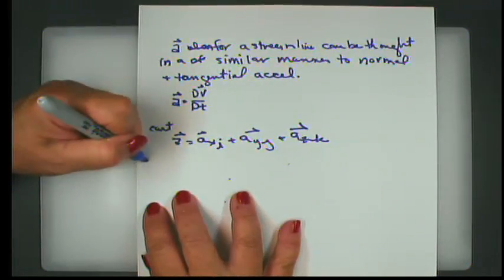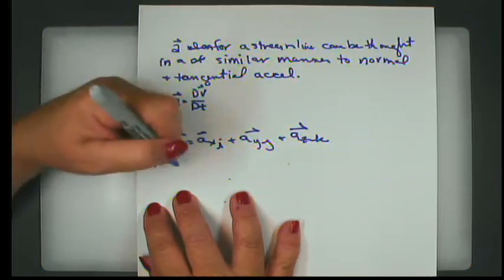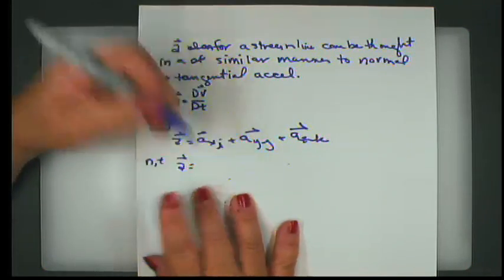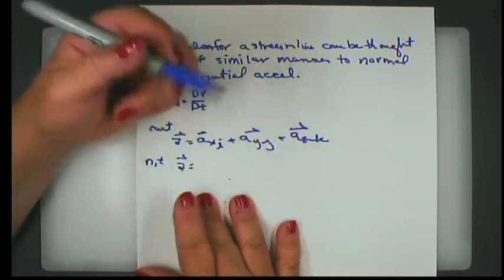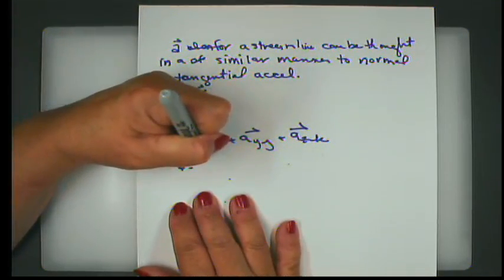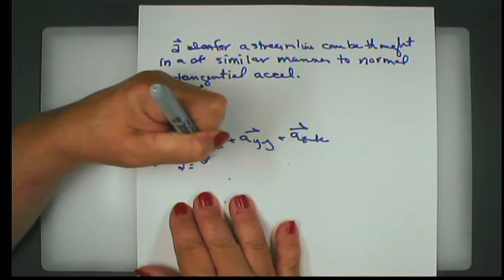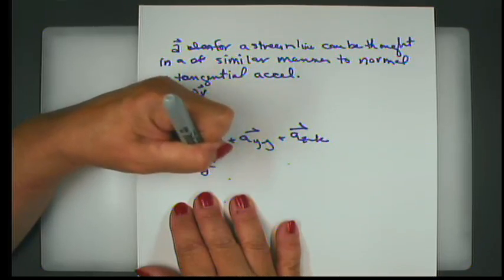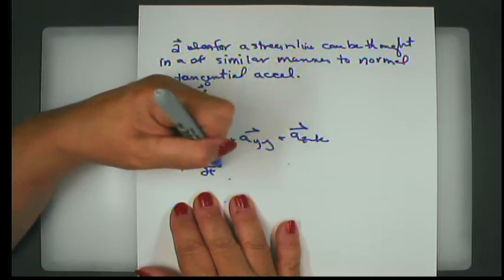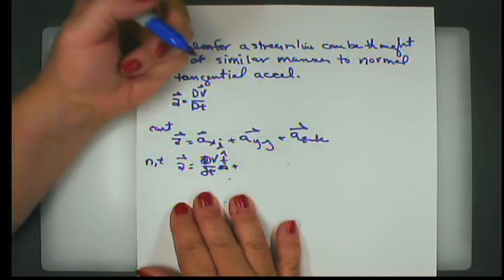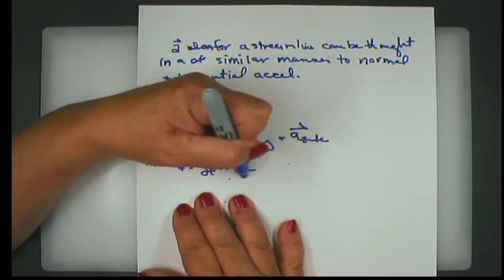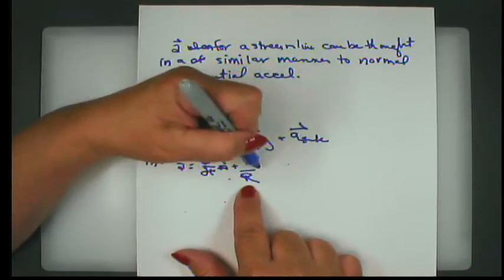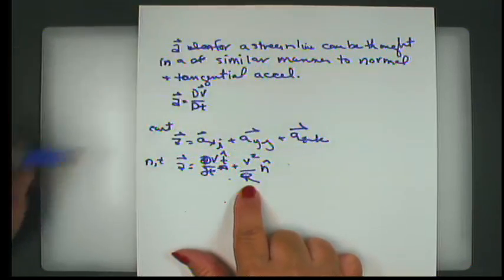Or if we're talking about normal tangential, we divide the acceleration up into the change in speed over time, which is dv dt in the tangential direction, plus the change in direction, which turns out to be v squared over r, a radius of curvature, in the normal direction.